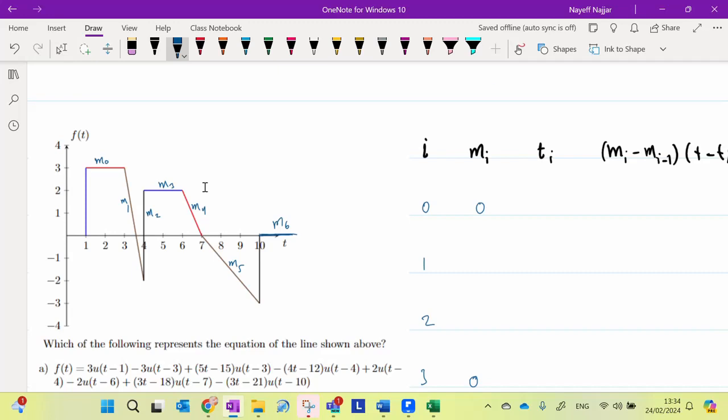Let me write it here. -2, which is the difference from here to here. This is -2, -3, so this is -5. -2 -3, and then 4 -3, that's 1, so this is -5.